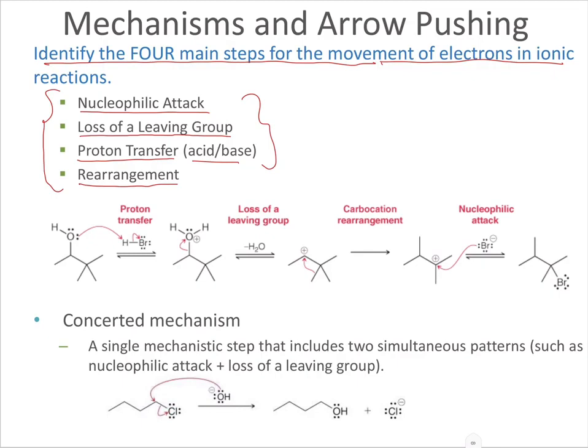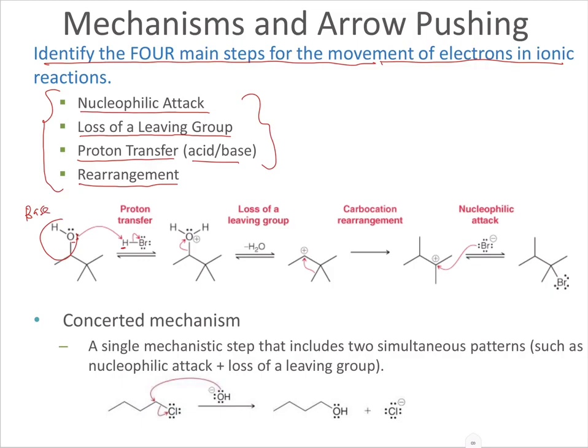How do we represent that in a mechanistic step? Okay, so in the first step here, we have a proton transfer because we have lone pairs on oxygen, so oxygen is donating electrons to the hydrogen. So this compound is acting as a base, which we can classify as a Lewis base.